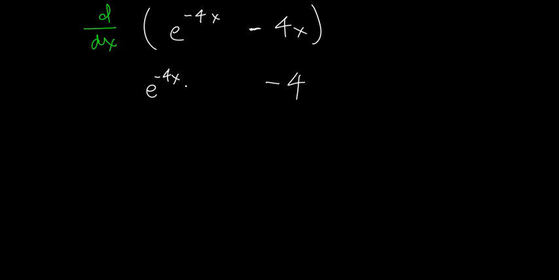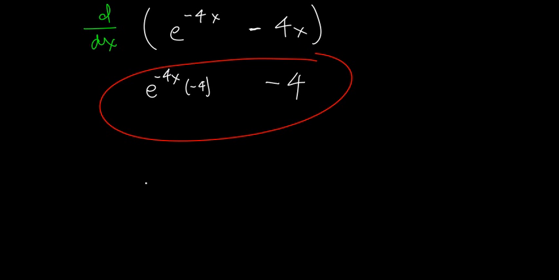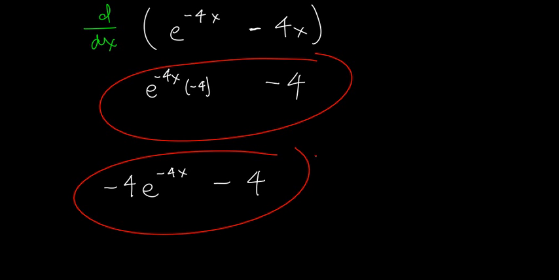And remember, the little bit of extra this time is going to be the negative 4, not ln of that. Okay, because the base is e, and in the exponent we have a number times x. And so there you have it. That's the answer. And if you want to simplify it a little bit, of course, you can write it like this with the negative 4 out in front. Negative 4x is still there, and then minus 4. And that's all.